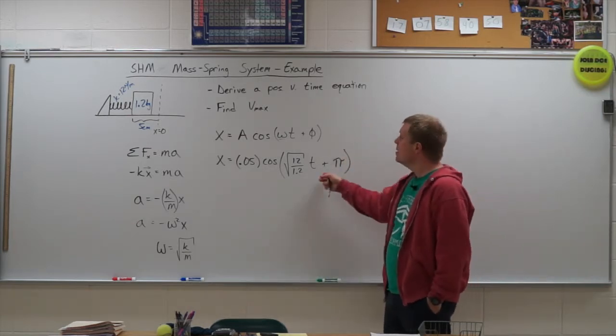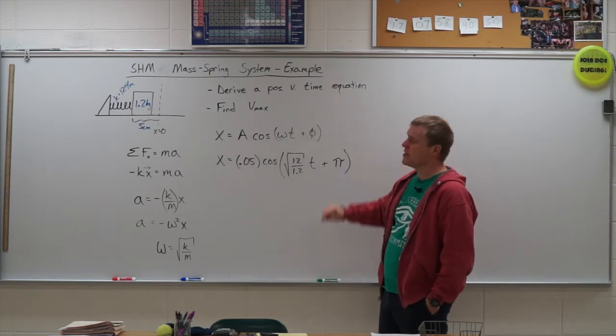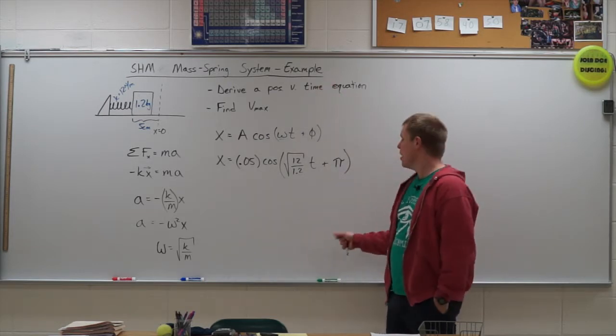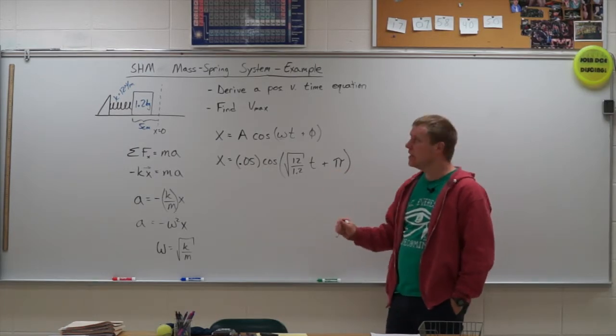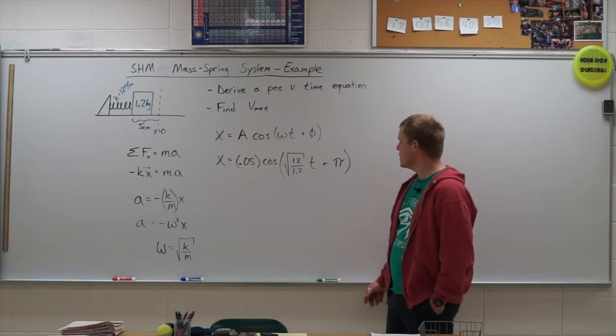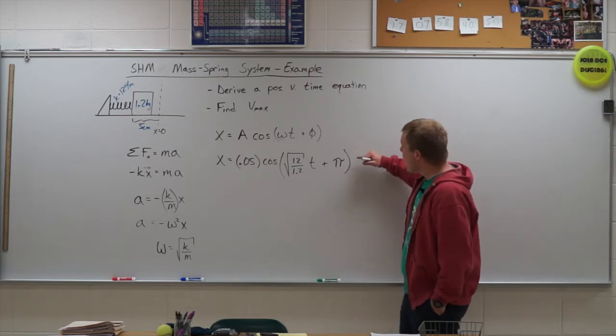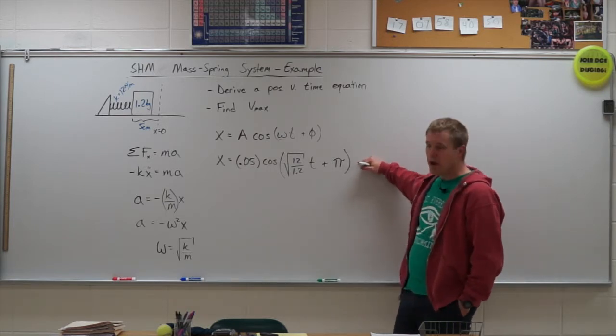That is in the setup for how to set up a mass spring system and find the period. If you want to see how I did that precisely, go down to the link in the description for setting up a mass spring system. All right, so now I have derived a position versus time equation here.